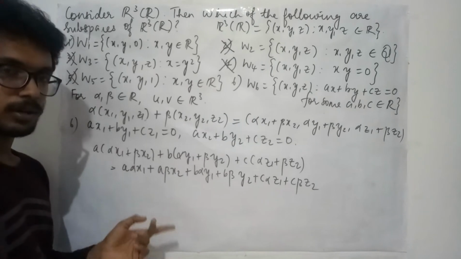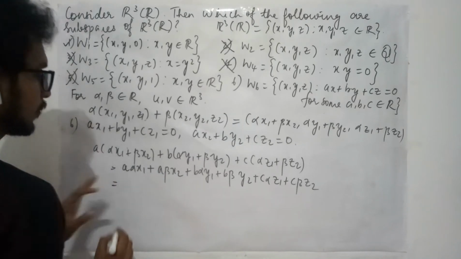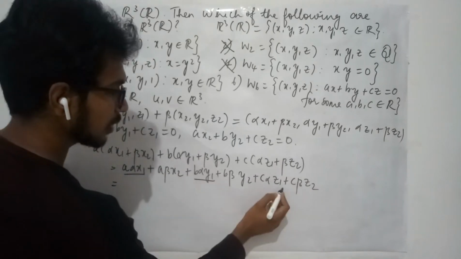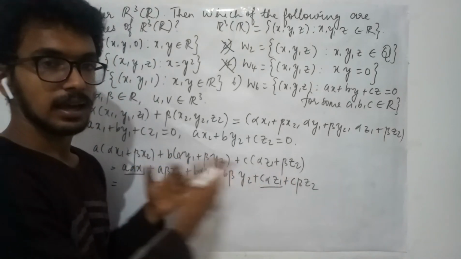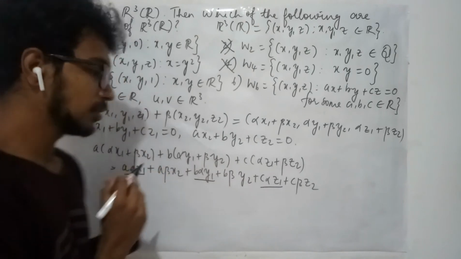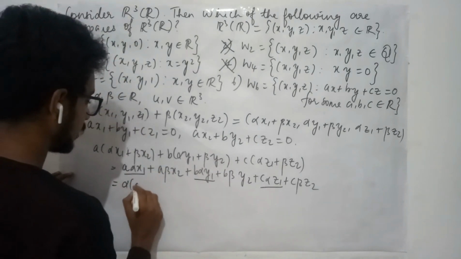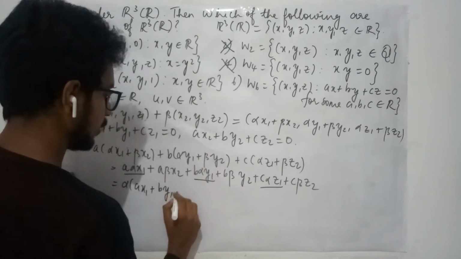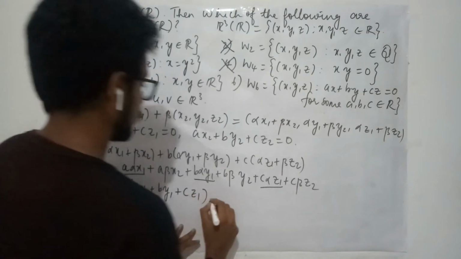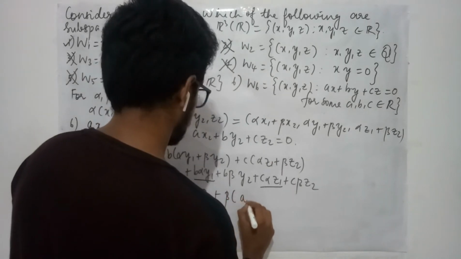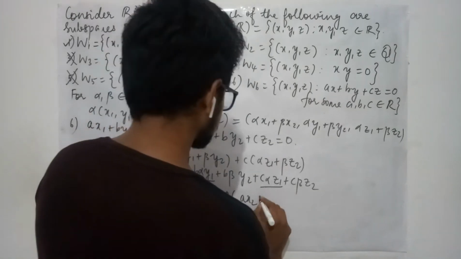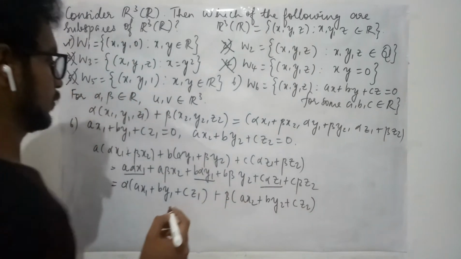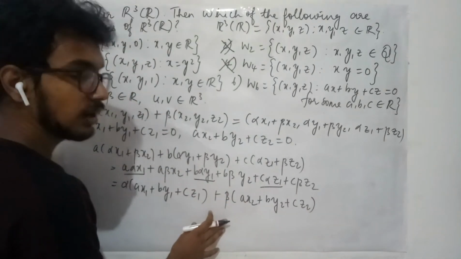You can make use of the commutativity and associativity and bring the alpha quantity outside. Here it has alpha, alpha and alpha. So among which take alpha as a common thing using the distributive law, right? Alpha times a x1 plus b y1 plus c z1, plus beta times a x2 plus b y2 plus c z2, right?